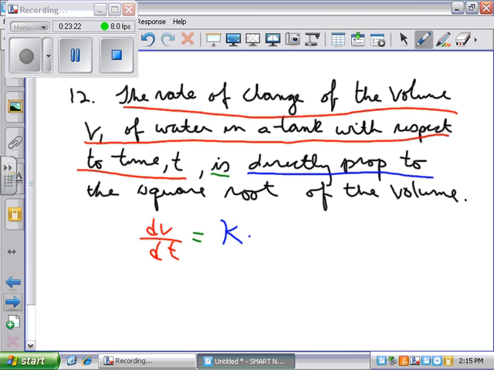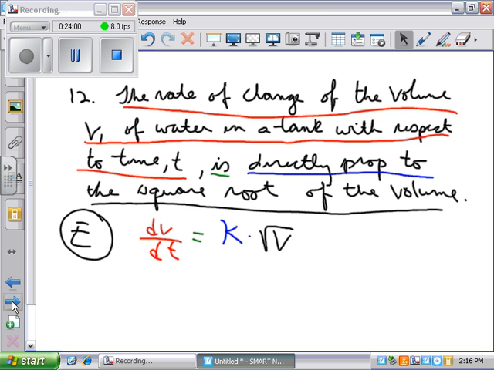Then the square root of the volume. What does that k represent? A constant. So the square root of the volume translates into the square root of V, just changing words to symbols. Translation. So, careful. Yeah, choice E.